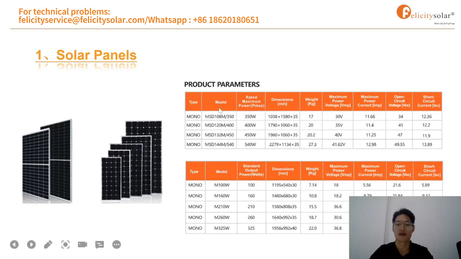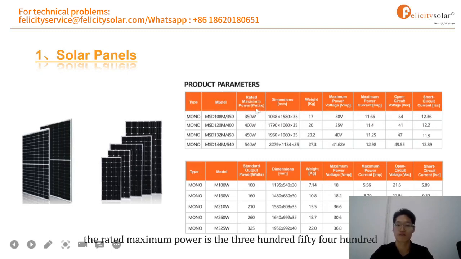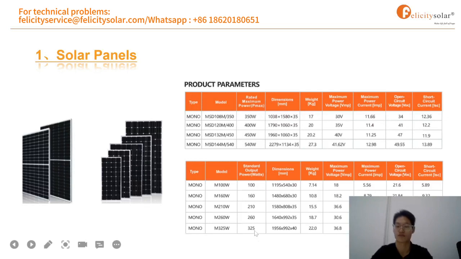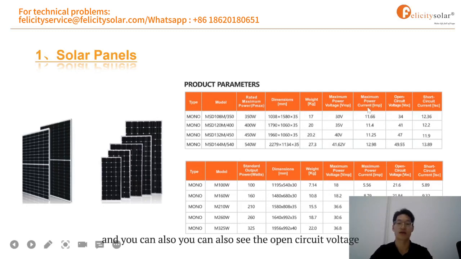You can see the rated maximum power is 350, 400, 450, 540, and also from 100 to 325 voltage. Next are the dimensions, the weight, the maximum power voltage, the VMP, maximum power current, IMP, and also the open circuit voltage, the VOC, and the short circuit current, the ISC.